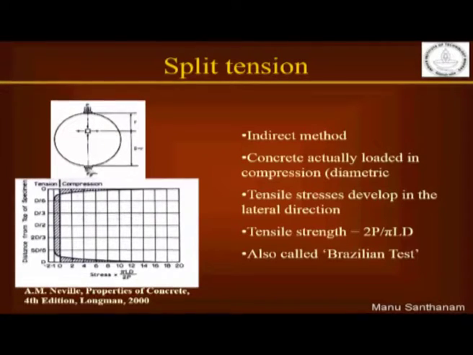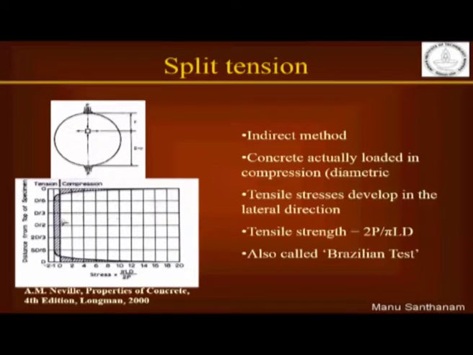And if you look at the distribution of stresses across the diameter of your concrete, you will see that while the top and the bottom of the cylinder are in compression, there is a zone of uniform tension in the central part of the cylinder. Now the zone of uniform tension is what causes the cylinder to exactly split, okay, into two. So it is like a splitting test in which you are splitting the concrete cylinder into two halves.